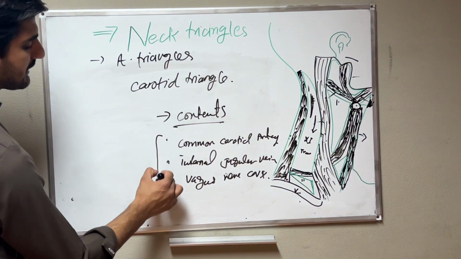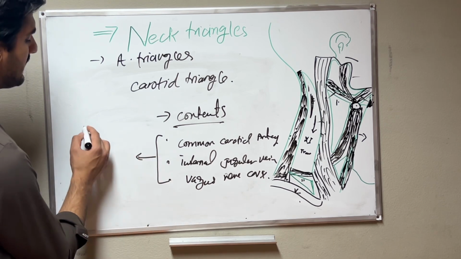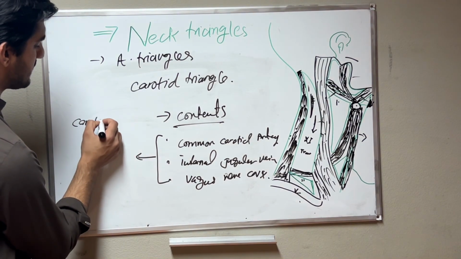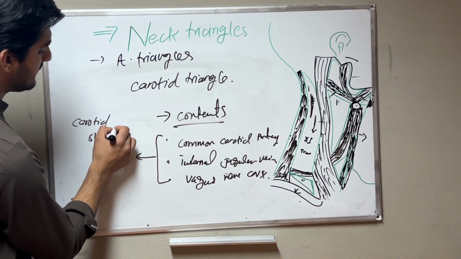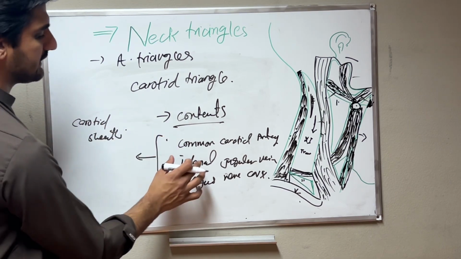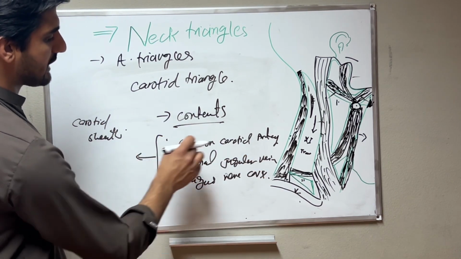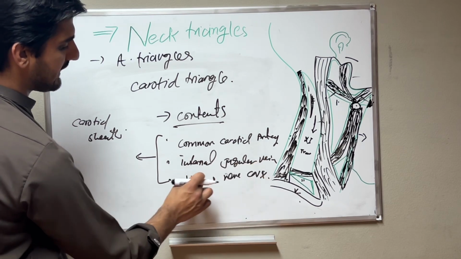These three elements are covered by the carotid sheath, another fascia covering these three elements: common carotid artery, internal jugular vein, and vagus nerve.